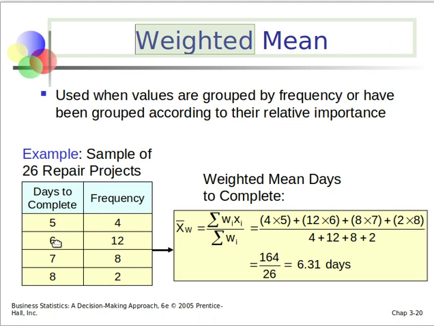For 6 days, there were 12. For 7 days, there were 8 projects. And for 8 days to complete, there were 2 projects, for a total of 26. Because 12 plus 8 is 20, plus 4, 24, plus 2 is 26.